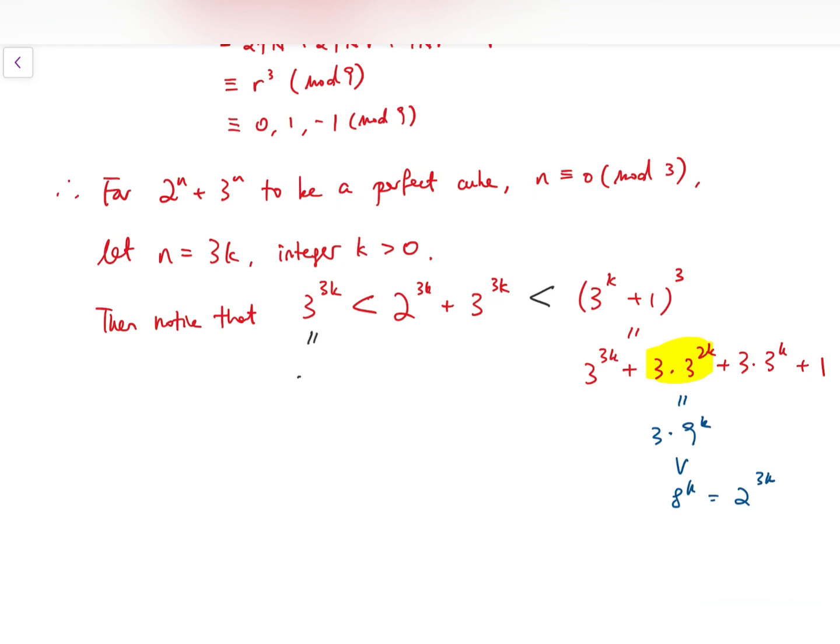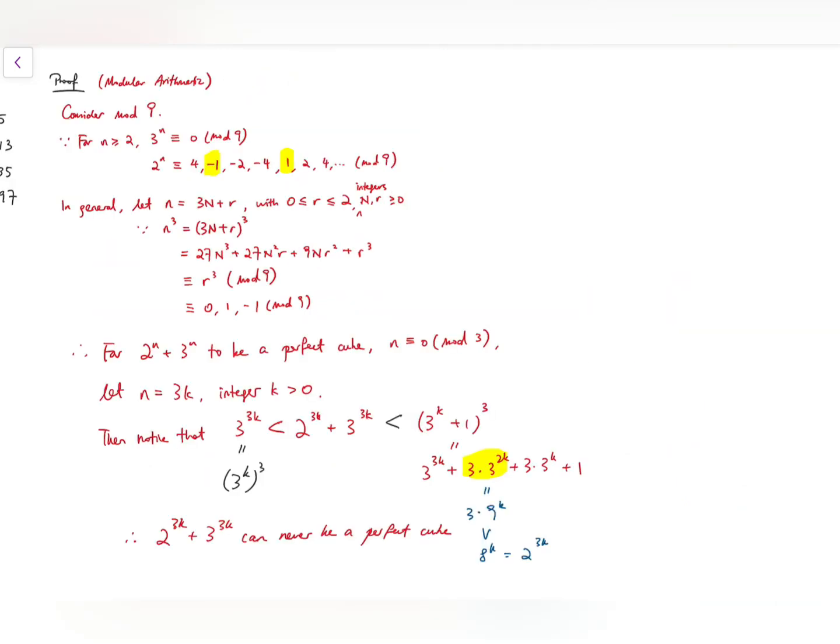And since 3 to the power 3k can be written as 3 to the power k all cubed, that means our given expression is between two consecutive perfect cubes. So from this we know that it can never be a perfect cube.